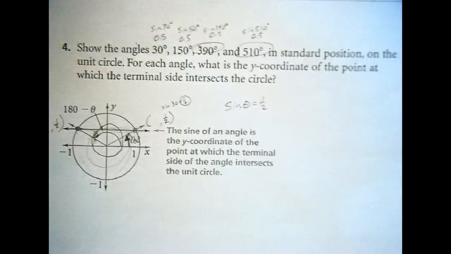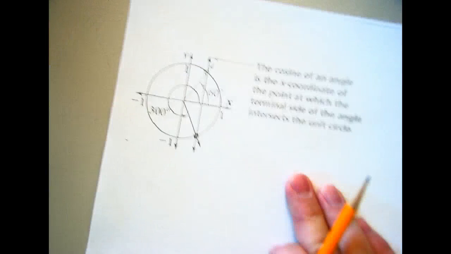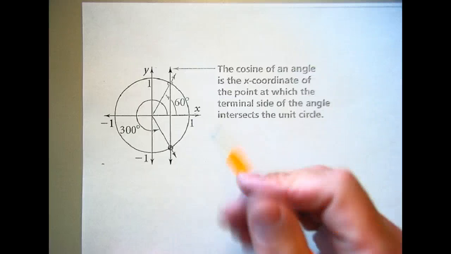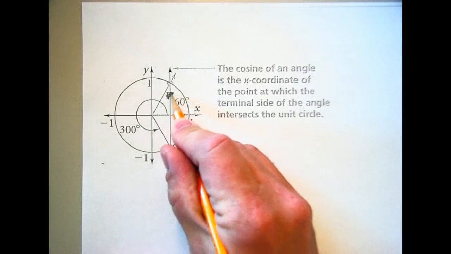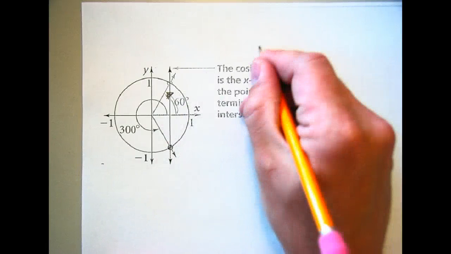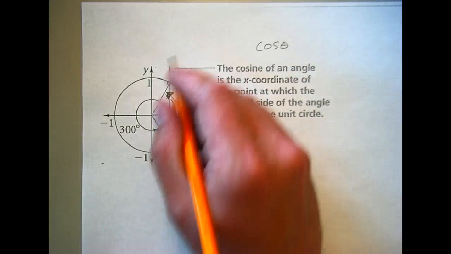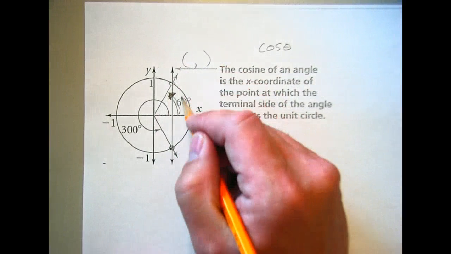Okay, let's take a look at another one here. This was not on there, but this is cosine. Cosine works the same way. If I'm going 60 degrees, at a 60-degree angle, what is the value of cosine at 60, or our x value? 1/2.